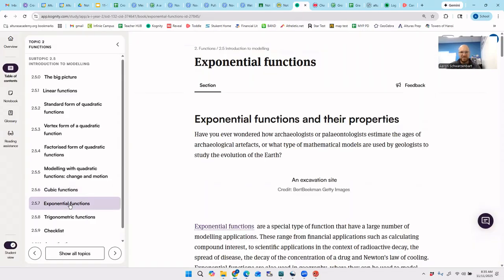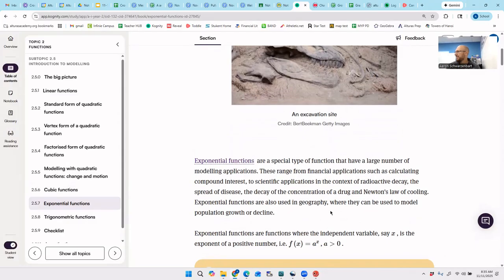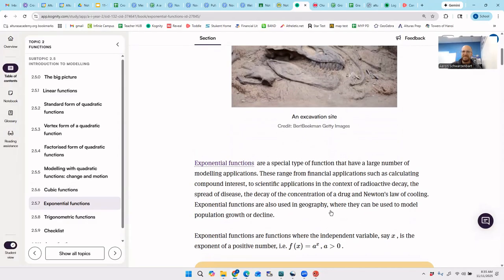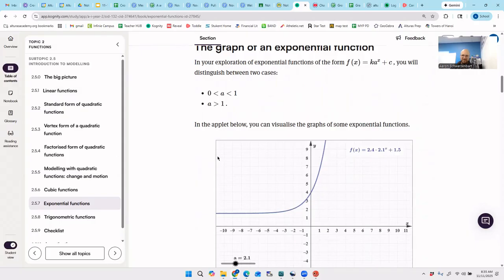Do you remember what makes a function an exponential function? Independent variable, x is the exponent. The variable's the exponent. Yeah, that's the key. And graphs of exponentials look like this. They have a horizontal asymptote, a lower one.